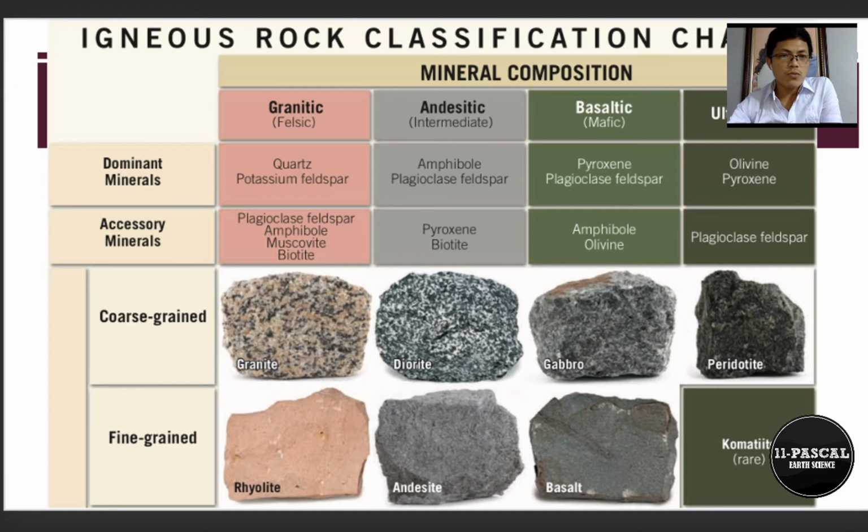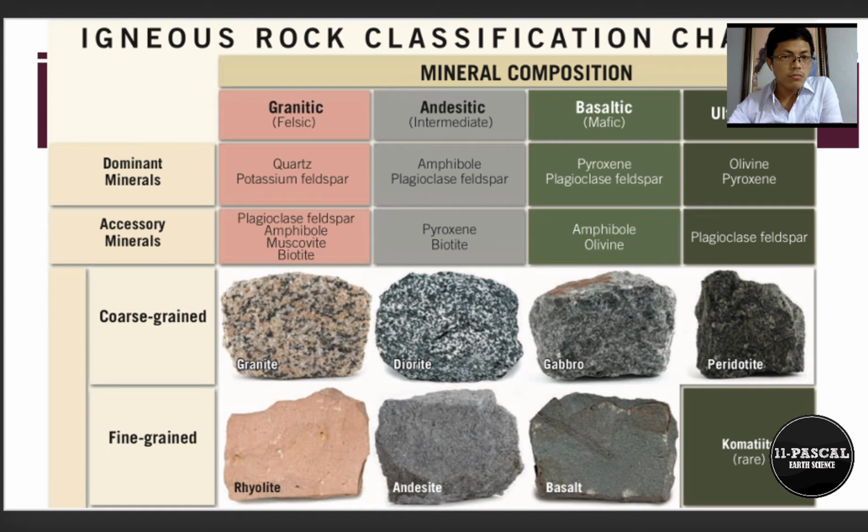So if you're going to look at here the different types of rocks, you can see the fine grained and the coarse grained. So these are granitic. So you can see, okay, the gradual discoloration, or the color gets darker as it approaches the ultramafic composition.